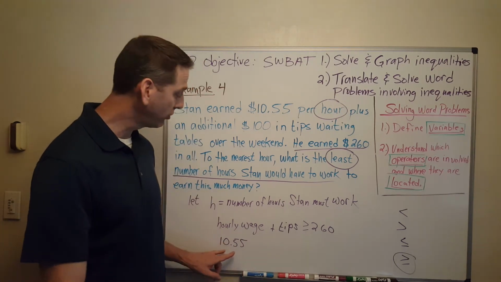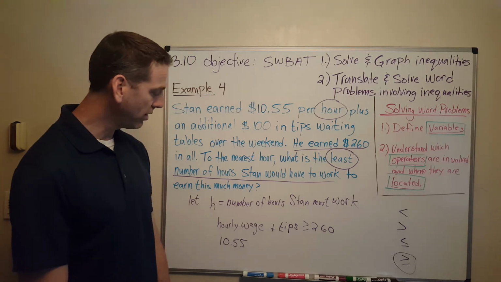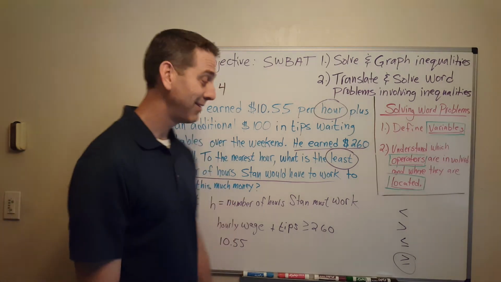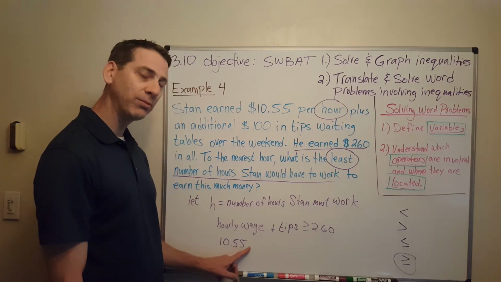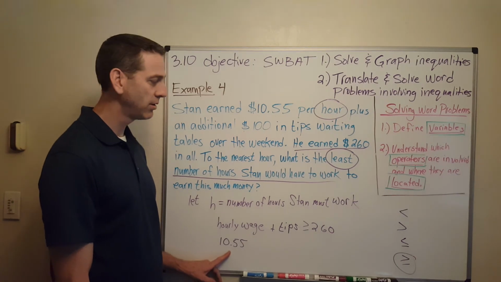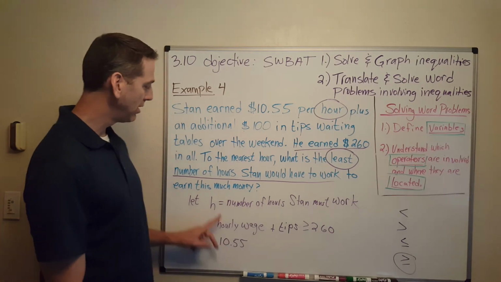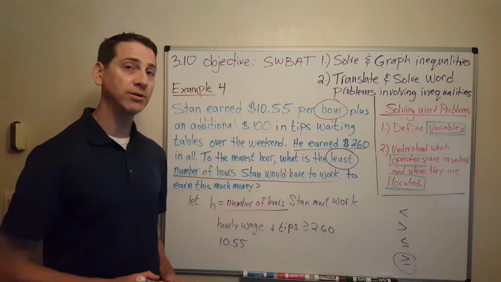If he works 2 hours, he earns, what is that? $21.10, right? So each hour is going to be multiplied by $10.55. Do we know how many hours he worked? We don't. That's what we're trying to figure out. We're trying to figure out the number of hours.